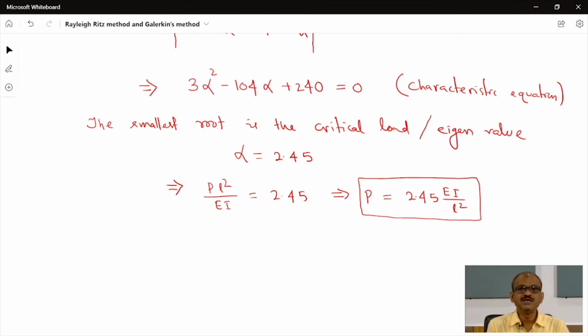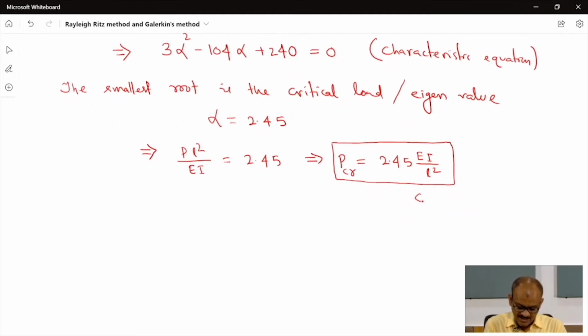The system is in equilibrium when it is applied with the critical load. So, the column is in equilibrium in the bent configuration when the applied load is the critical load. So, whatever P we get, that is the P critical. Here the error is less than 1%. We can further reduce this error by considering more number of terms.